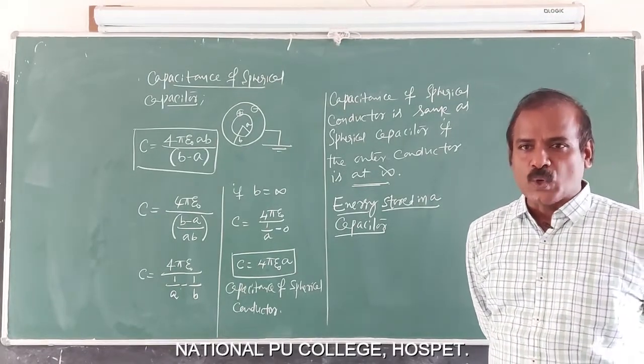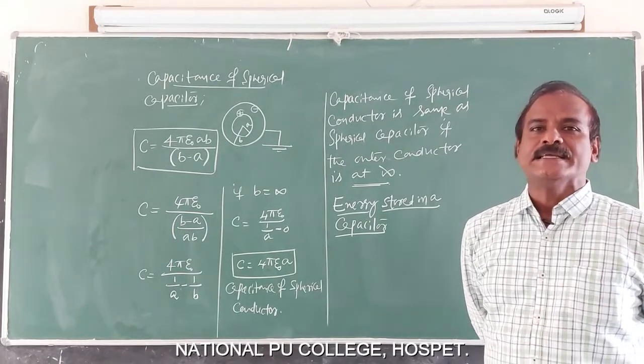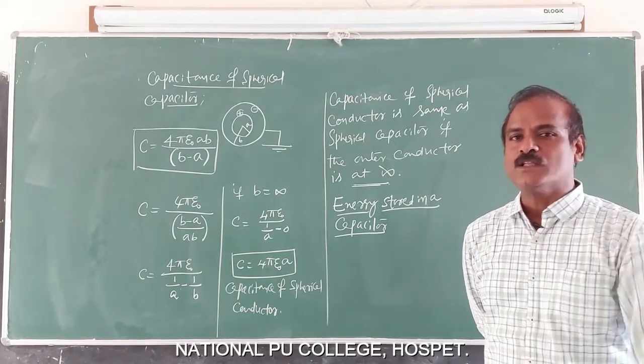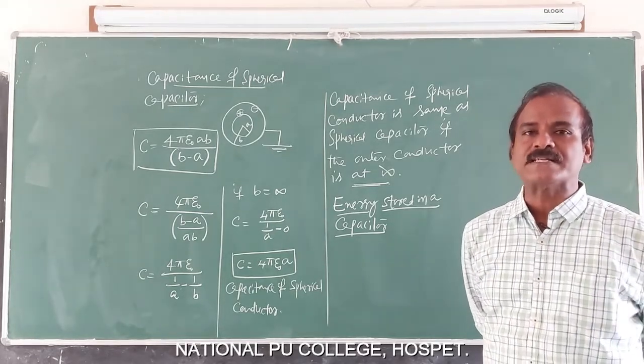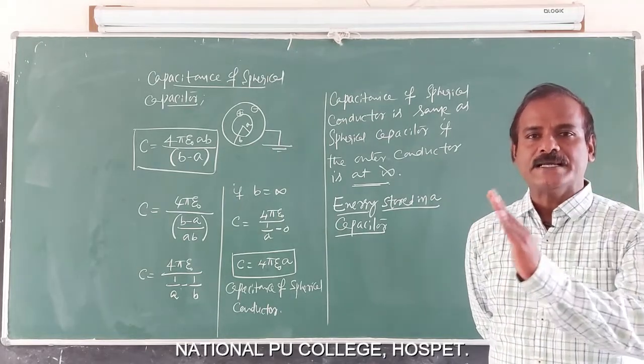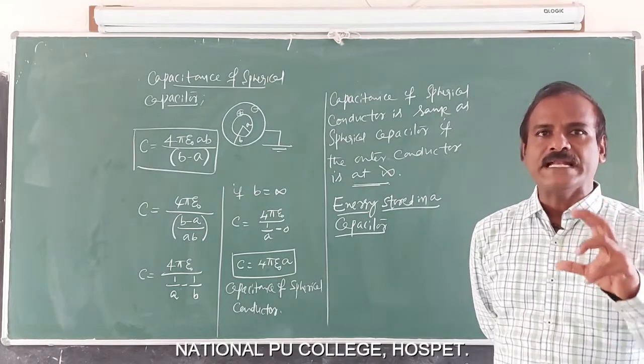Let us know how much electrical energy is stored between the plates of the capacitor. And this energy is stored in the form of electric field between the plates of the capacitor, because there is an electric field present between the plates of the capacitor. So this energy will be in the form of electric field.